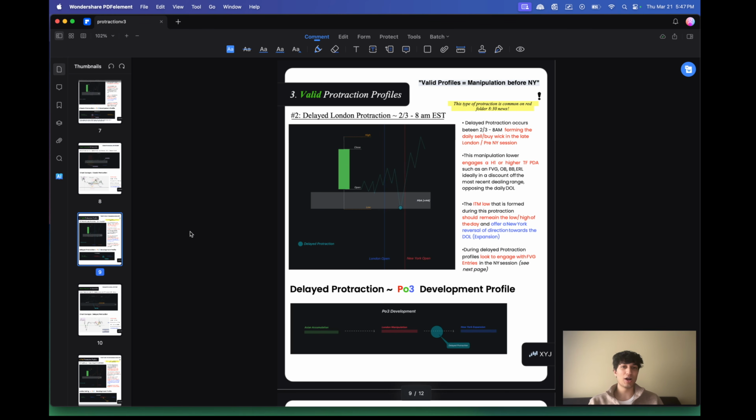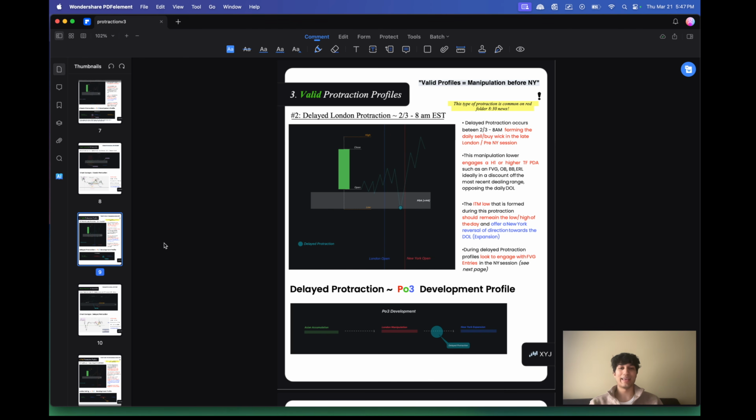Now, the second profile will be delayed London protraction, wherein we see this move, manipulation, forming this wick of the day in a classic buy day between the hours of 2 and 3 and 8 a.m. Now, this power of 3 development profile looks something like this: Asia accumulation, London manipulation, and then New York expansion.